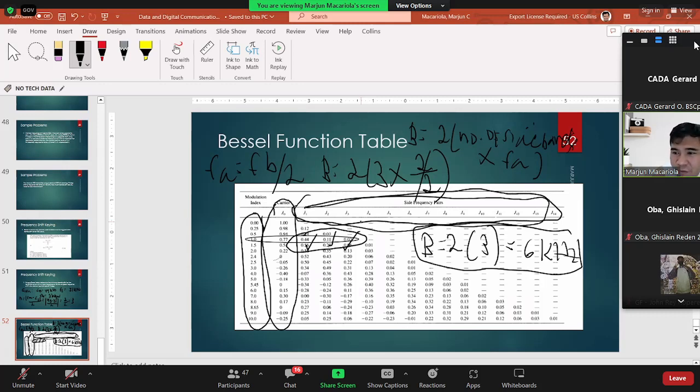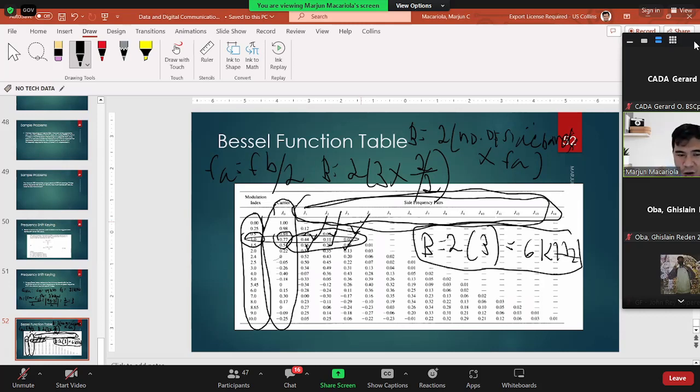Okay, so we have computed that the H factor in the given problem solving has a modulation index of 1 or H factor of 1. Okay, so kailangan nating malaman kung ilan yung number of sidebands kapag ang modulation ay 1. Okay, so hindi natin i-count si 0.77 kasi siya ay carrier signal. Ang kailangan natin ay sidebands. So ang sidebands po niya ay 0.44, 0.11 at 0.02. Okay? So meron po siyang tatlong number of sidebands.